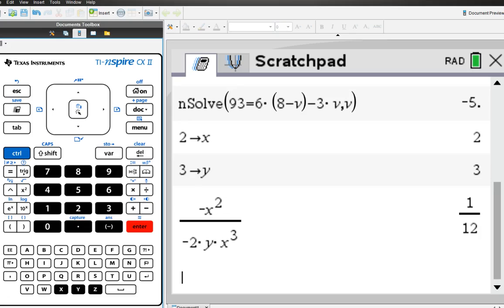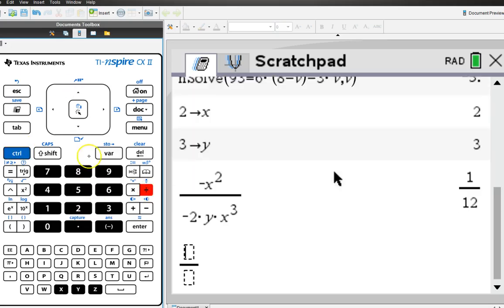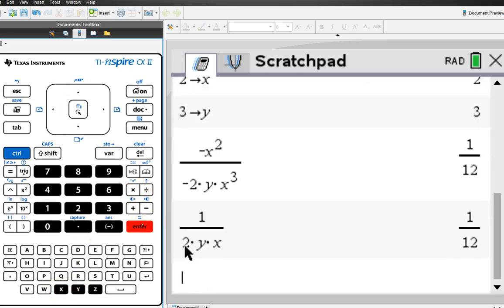Now I'm going to go through and pick which ones will work, and I know there's 2 negatives. The 2 negatives are going to make a positive, so A is wrong, and 2 is my big number. So I need a 2 in the answer. So I'm going to type in D. Let's type in control divide, and then type in 1, hit the down arrow button, 2 times Y times X. Make sure there's dots between everything, hit enter, ding, ding, ding, choice D is going to be in it.